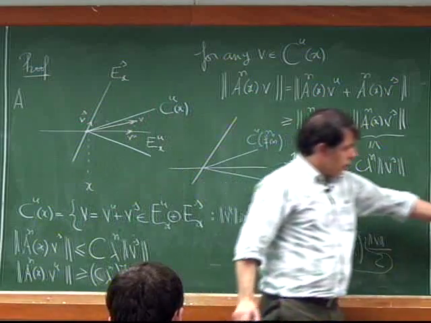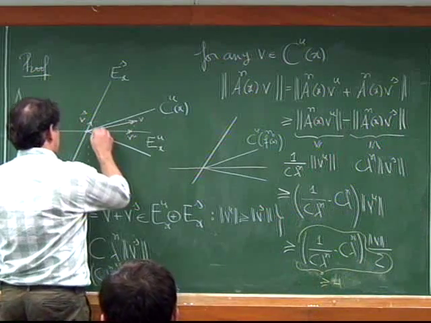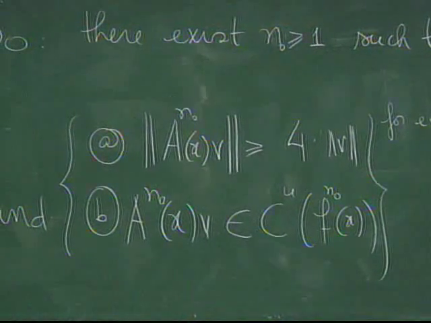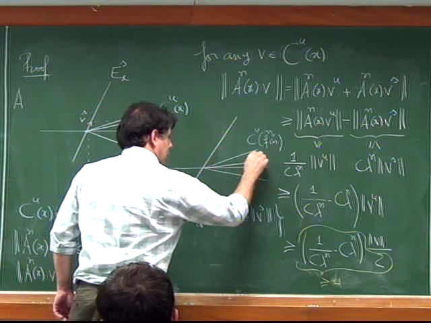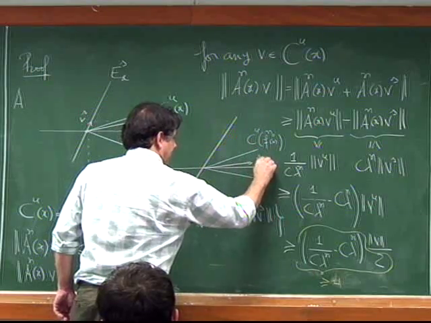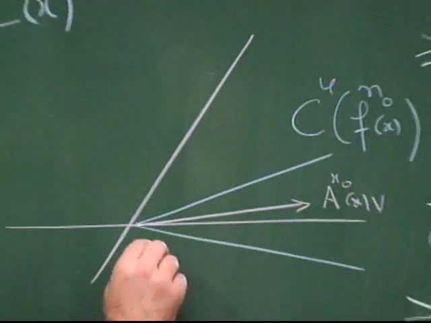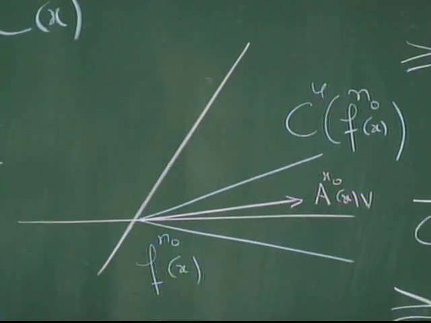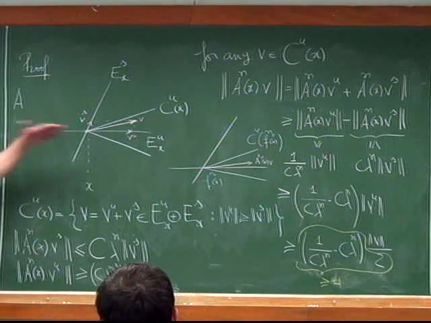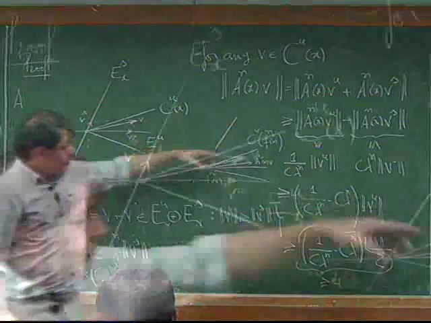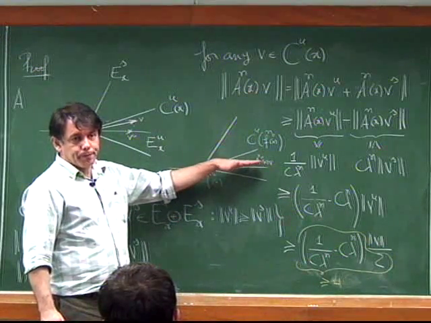Property A means that if you start with a vector inside this cone here, C^u(x), then the image by A_n0 is also inside the corresponding cone at the point f^n0(x). But if now I take the same vector and instead of applying A, I apply B, of course I will get a vector that is close.